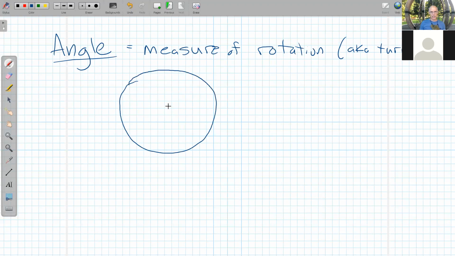So if we were standing in the middle of a circle, looking out in some direction, we could then stay in that position, fixed there, but we could rotate. Right? And if we go back, staying in that fixed position, facing the same way, that would be one complete rotation.